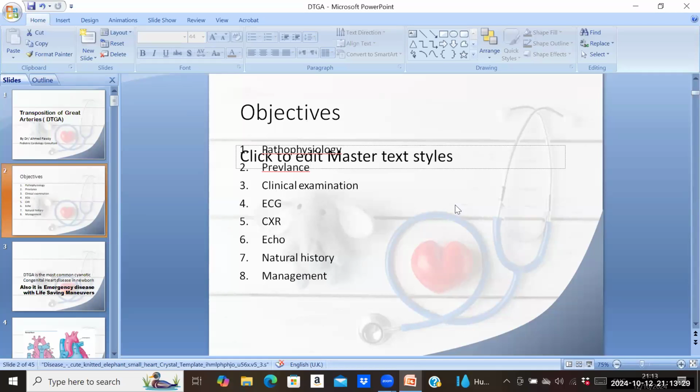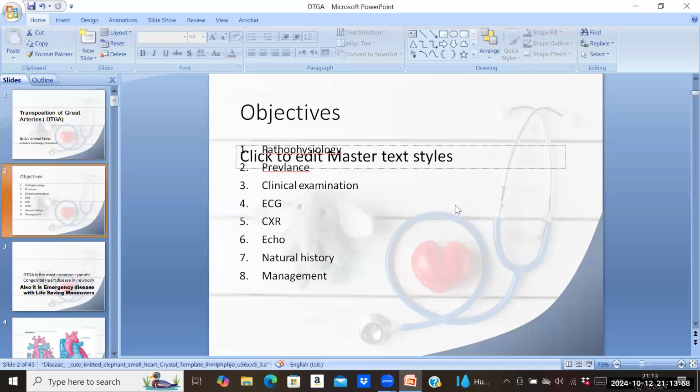He has TGA, but he has a big VSD, which makes mixing and makes saturation better, but he will have congestive heart failure symptoms, and this patient will not need prostin because he is not duct dependent. Not all cases of TGA are duct dependent. Only TGA with intact septum, or TGA with VSD and PS with severe, critical PS, are duct dependent.